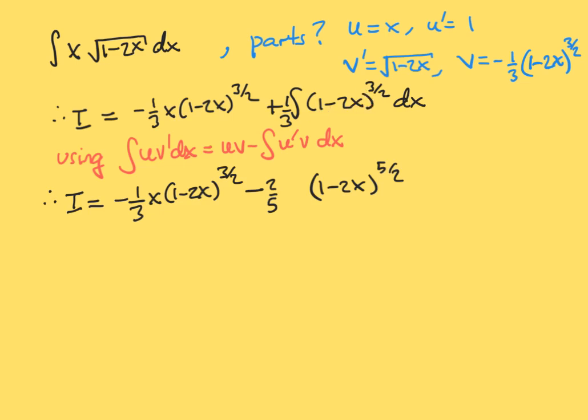And then from the chain rule, when we differentiate our answer here we would multiply by the derivative of this, which is a minus 2.